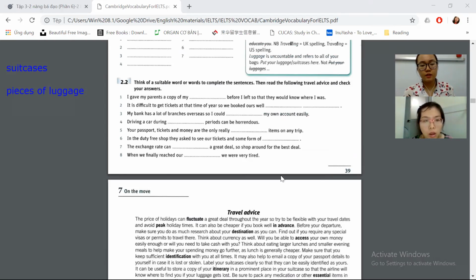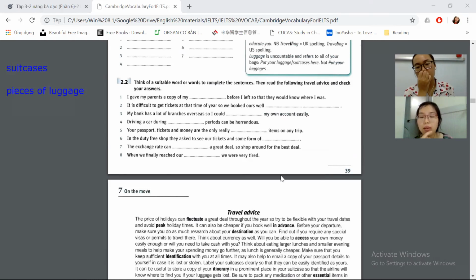Number 3. My bank has a lot of branches overseas, so I could withdraw... withdraw money. My own account. I could open my own account easily? Not really. Giao dịch là gì ta?